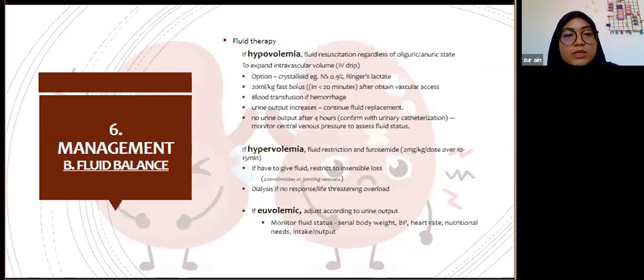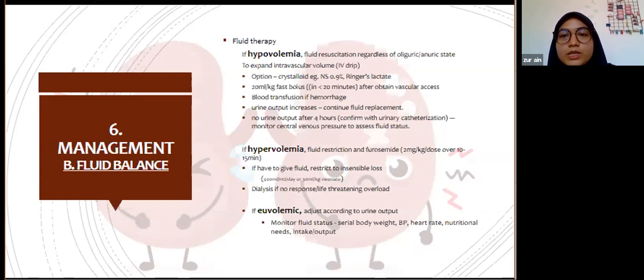Number two, management of AKI is by fluid balance, where we have three fluid situations: hypovolemia, euvolemia, or hypervolemia. In hypovolemia, we must always do fluid resuscitation, regardless of whether the patient is oliguric or non-oliguric.